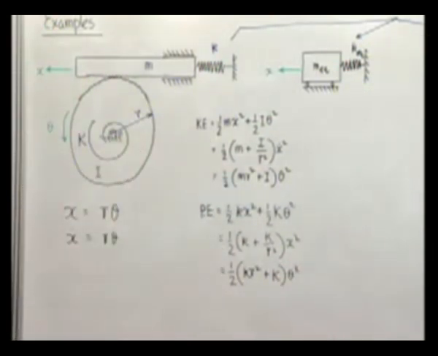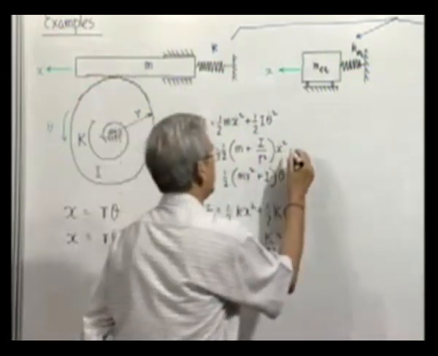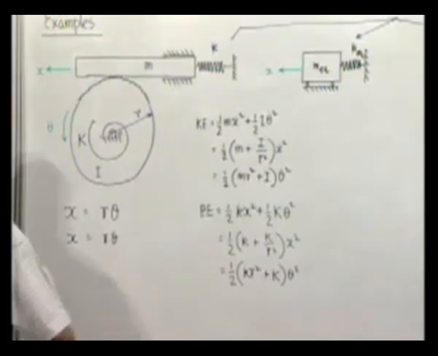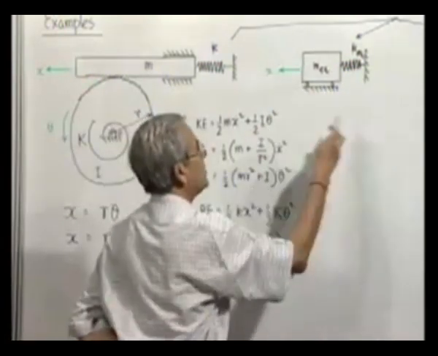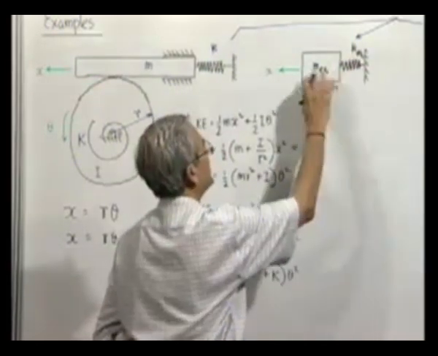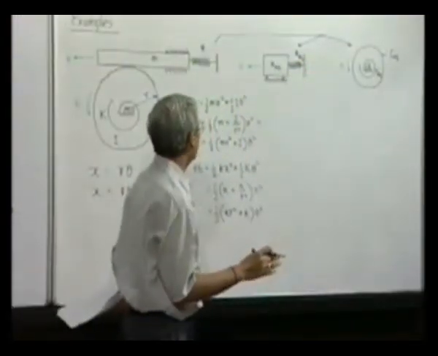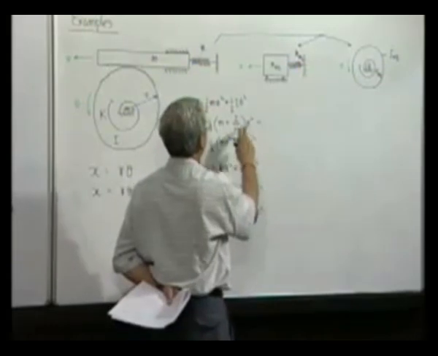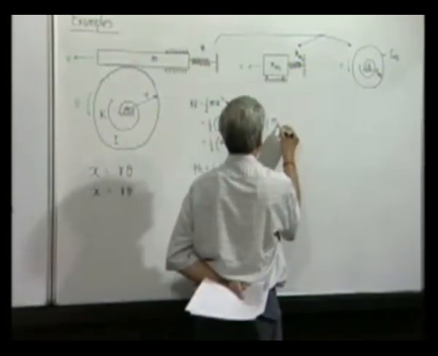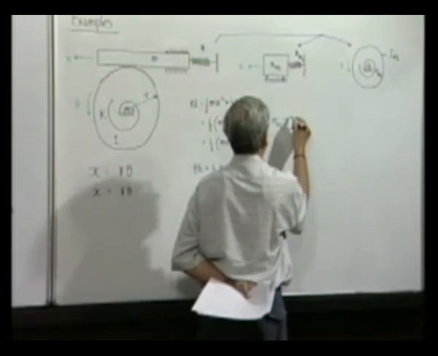So, the kinetic energy we will use for determination of the M equivalent and potential energy we will use for finding the K equivalent. Let us use two different colors, one for this, one for this. Since we have taken an equivalent system to be a linear movement, we will take this. So, this should be equal to half M equivalent times x dot square.